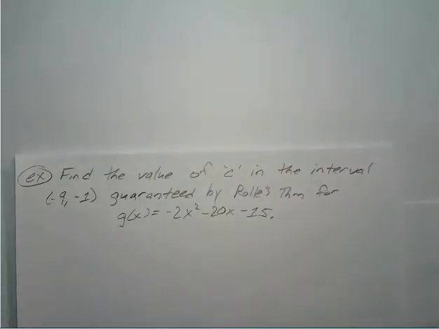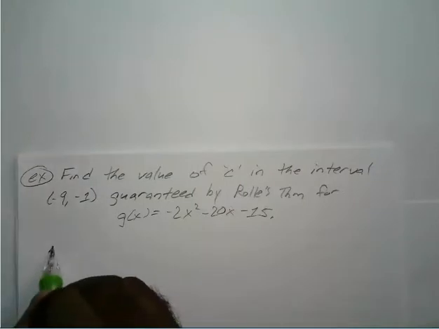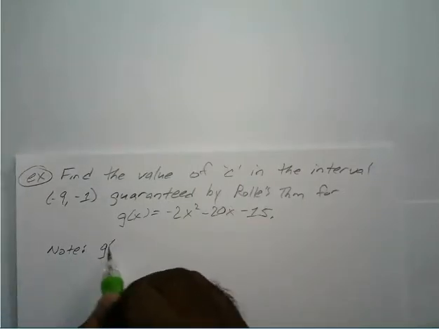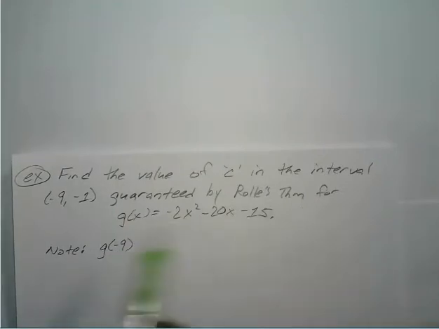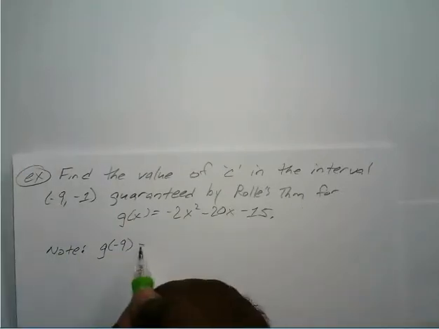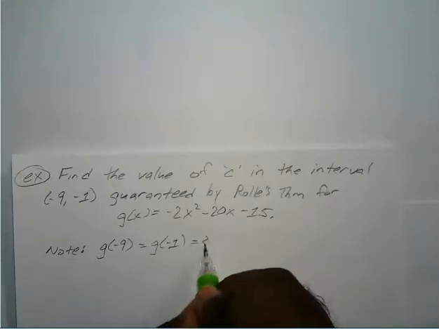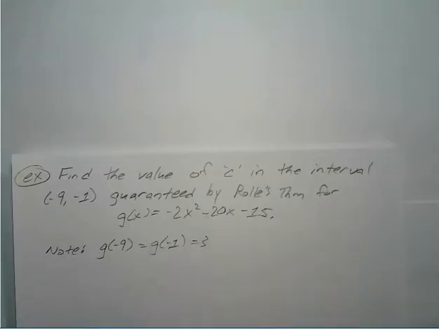As a side note, we know that g of -9 is equal to g of -1 because they're both equal to 3. If you plug both of them in, you'll get 3.